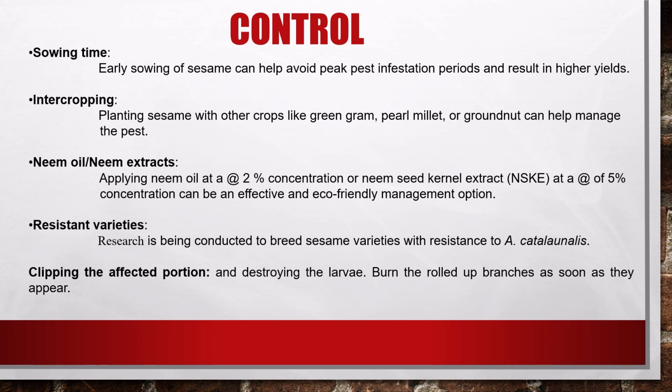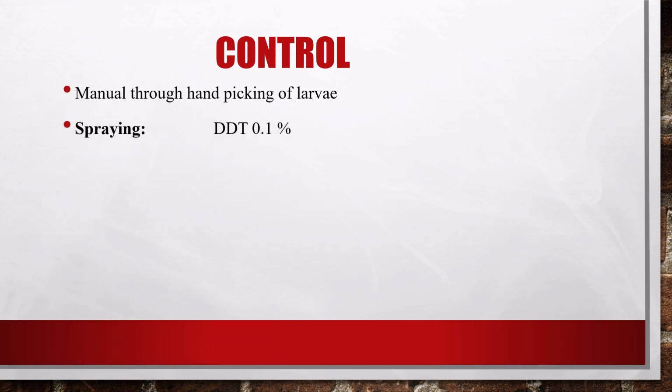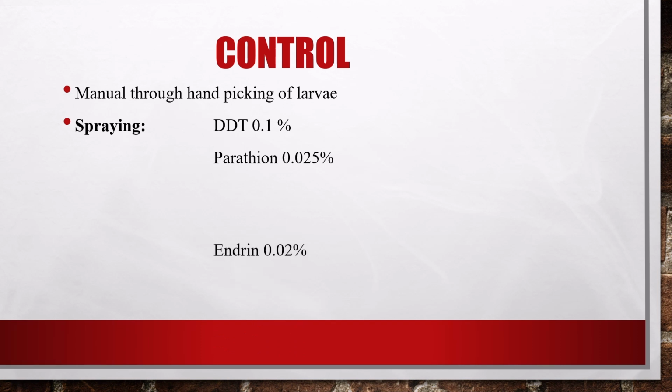Clipping the affected portion and destroying the larvae, and burning of the rolled-up branches as soon as they appear, can also be effective to get rid of the pest population. Besides these strategies, other insect control methods can also be used, like manual removal of insects, which may be a little bit laborious. Chemical control is also effective.